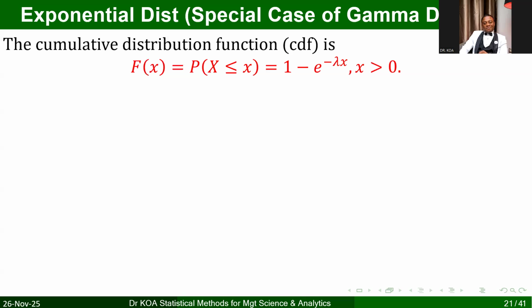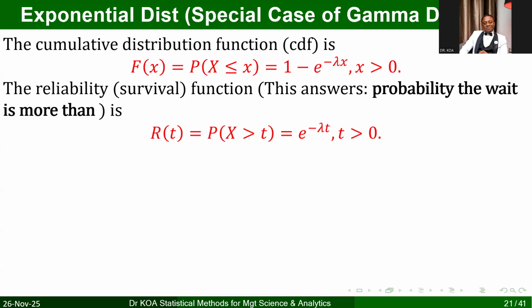That will require us to know the survival function or the reliability, because if you are still alive after 2 years, then your survival rate was within that 2 years. So you calculate the probability that the wait is more than something. You calculate the reliability function or the survival function, and this gives us e raised to the power of minus lambda times time.